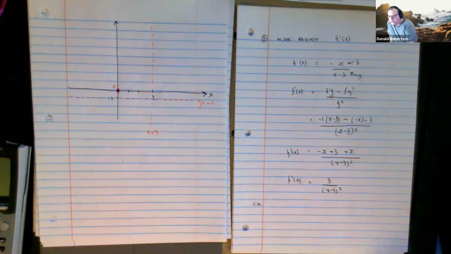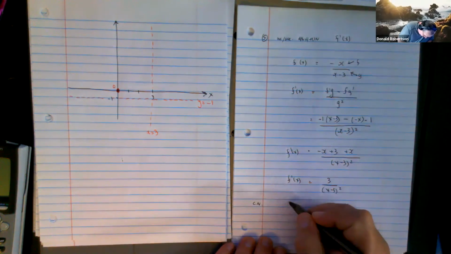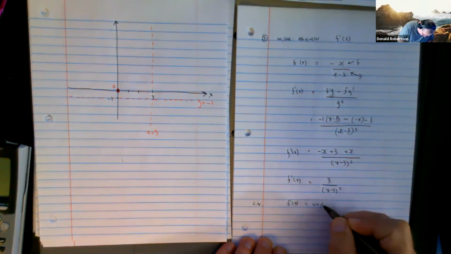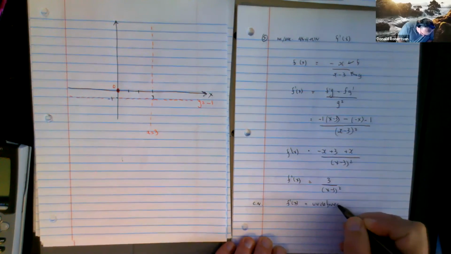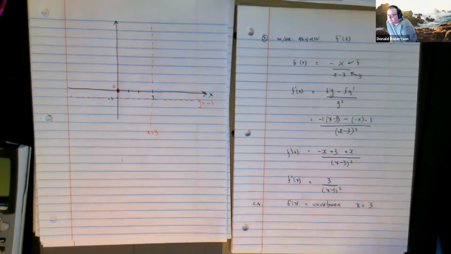Now, since there's no 0 derivatives, doesn't that make this particular shape have no local max or local min? So I guess that's going to make it a little bit easier, but it does have an undefined. And the undefined would be at x equals 3.